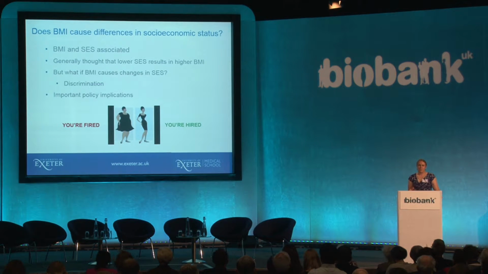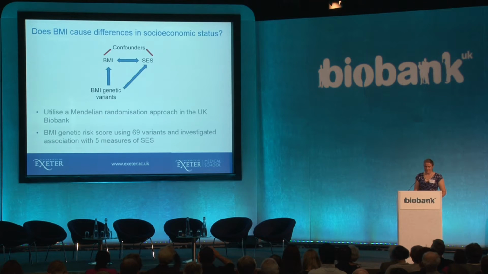But we were interested to see if we could work out whether BMI caused changes in socioeconomic status, and whether that could be due to something like discrimination, which may well have important policy implications. So we're effectively asking the question: if you had the CV of the same individual but sent photos of different weights, would that give a difference in whether you were hired or fired?